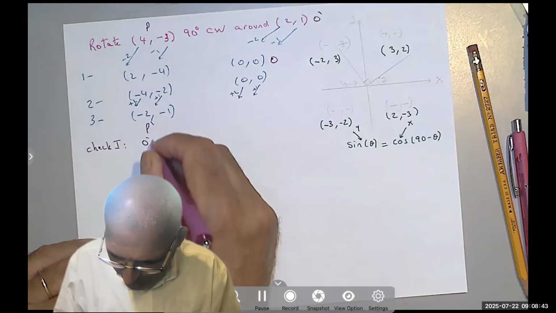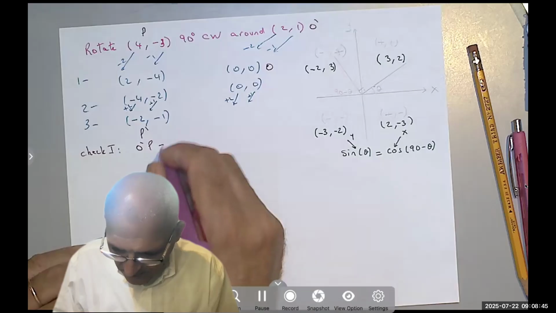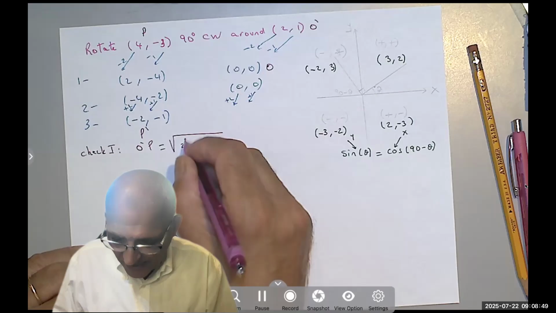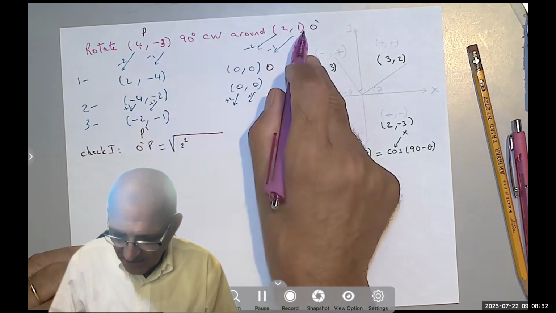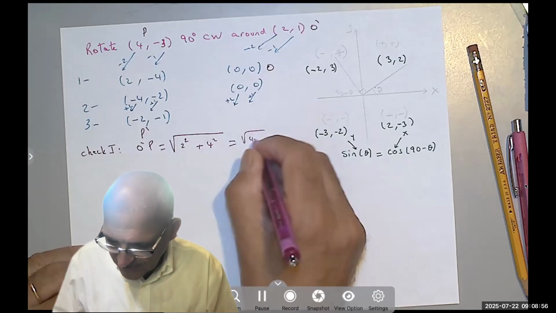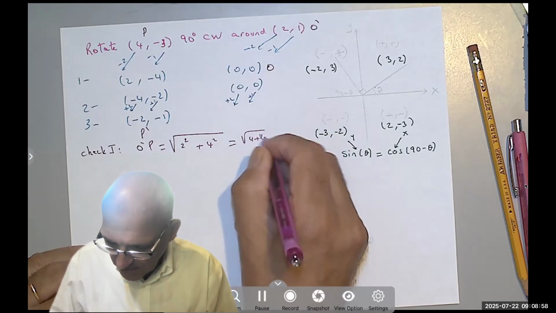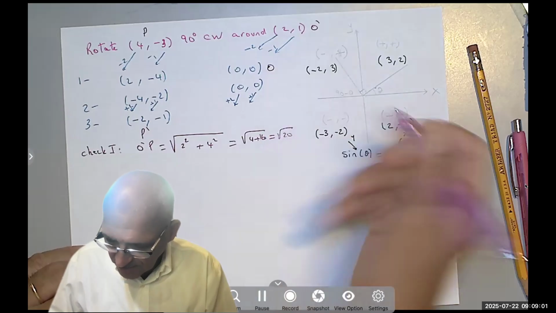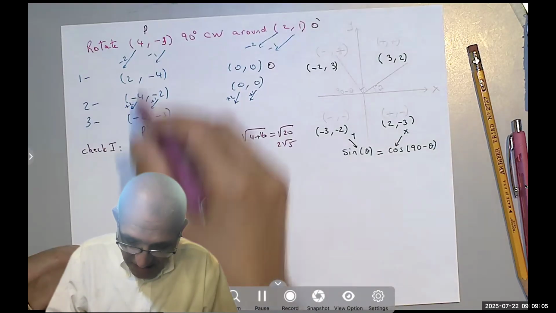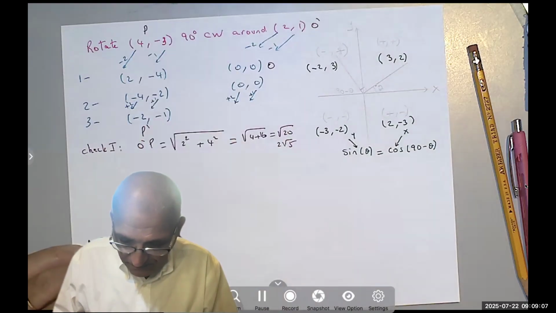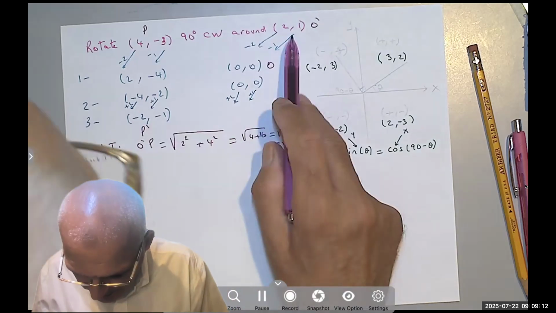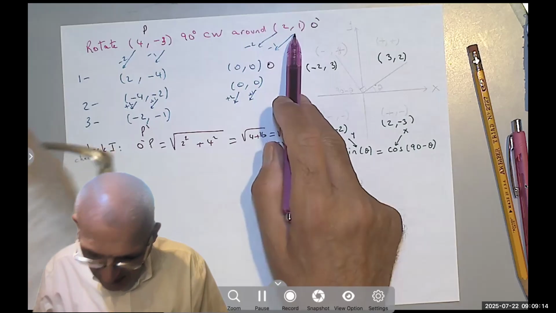I check O prime P and get the distance. X minus X is 2 and 2 squared. Negative 3 minus 1 is negative 4, so plus 4 squared equals square root of 4 plus 16 equals root 20, or if you want, 2 root 5. Now let's see here. So, what did we say we did? We added 2 here.